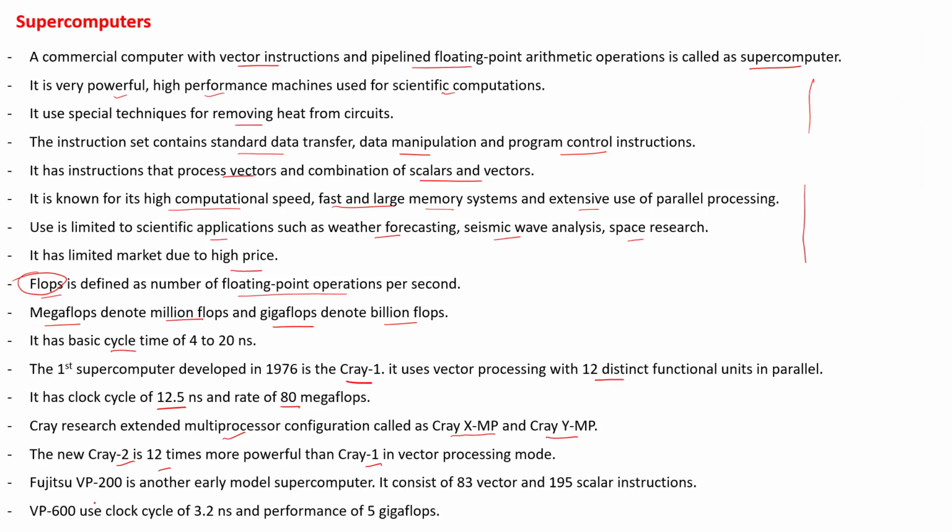Another supercomputer was the Fujitsu VP200, a model supercomputer. It has 83 vector and 195 scalar instructions, uses a clock pulse of 3.2 nanoseconds, and performs 5 gigaflops. So the Fujitsu VP200 is much faster compared to Cray 1.